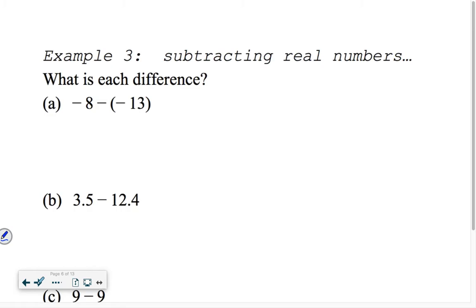Subtracting with real numbers. Remember, subtracting is a little different. You've got to watch the signs. So -8 minus -3. If you were on a number line at -8, minus would mean we should go that way, right? But now you have a negative, and negative means opposite.